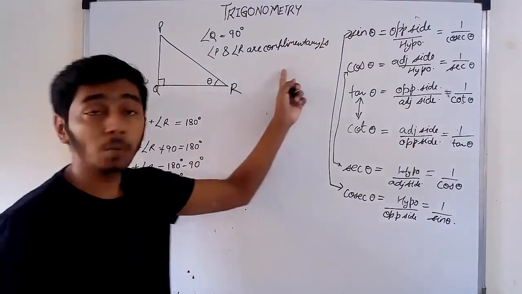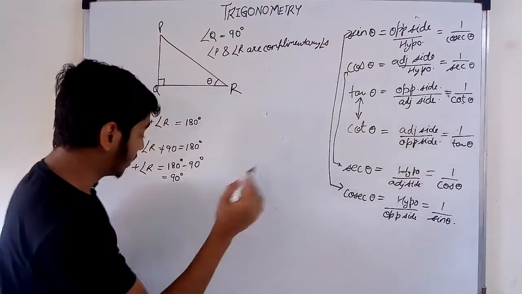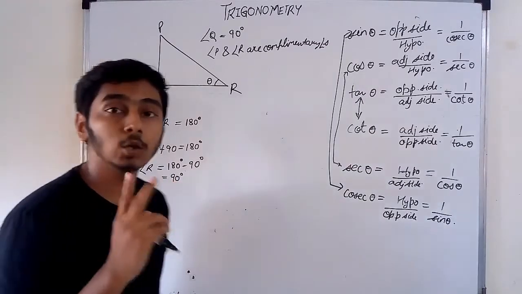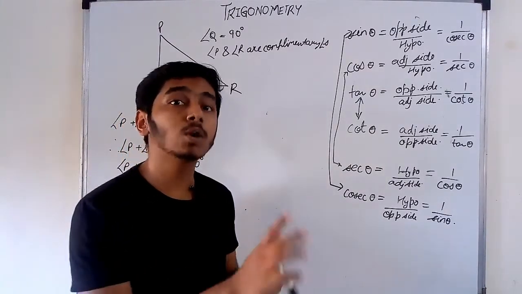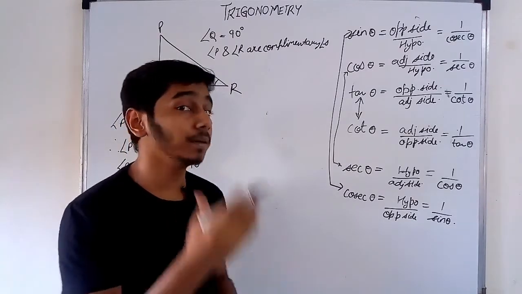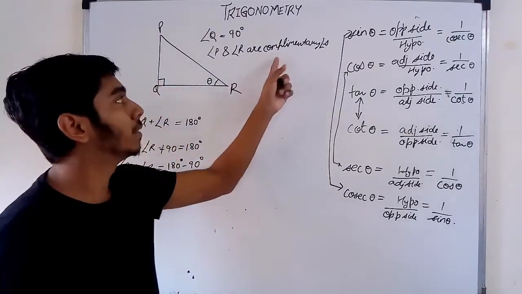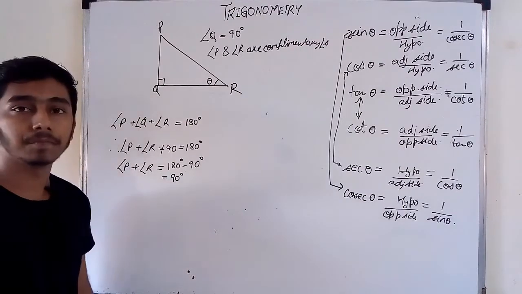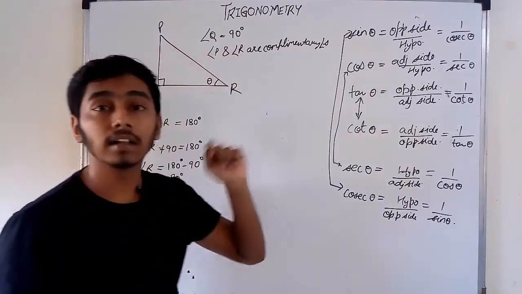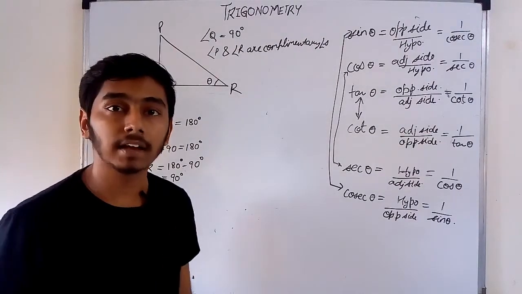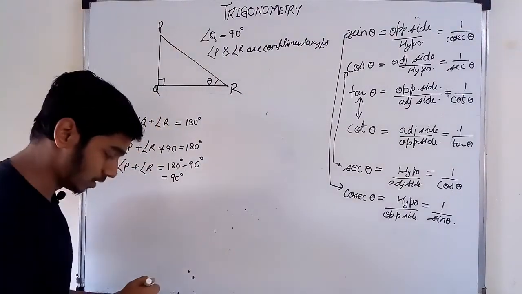Okay, you know what is supplementary? If we say that two angles are supplementary, that means their sum is equal to 180 degree. So supplementary means 180 degree and complementary means 90 degree. I hope you have understood this. Angle P and R, they are complementary angles.